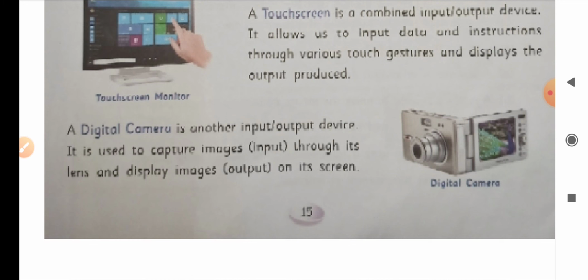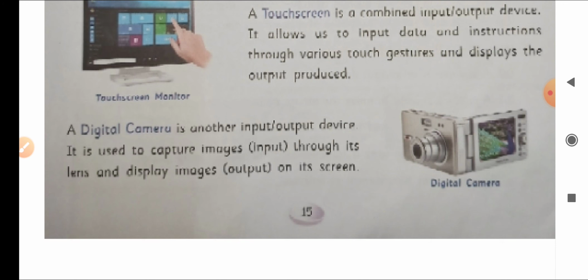Now the last one is a digital camera. All of you are very familiar with this digital camera. A digital camera is another input slash output device. It is used to capture images, that is input, through its lens and displays images, that is output, on its screen.